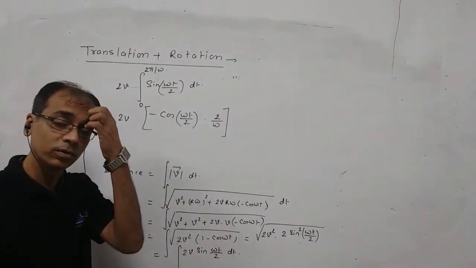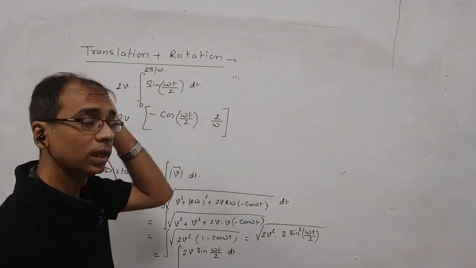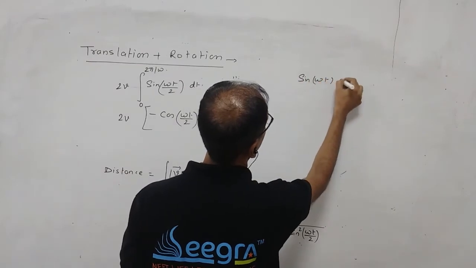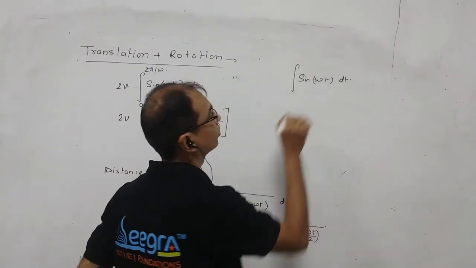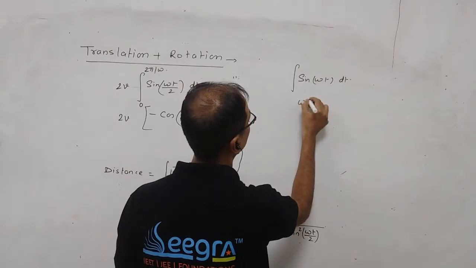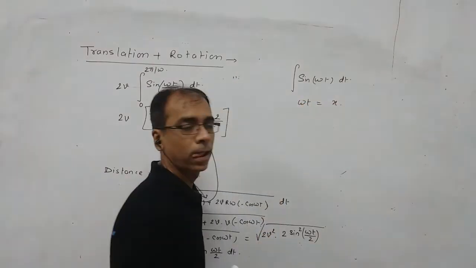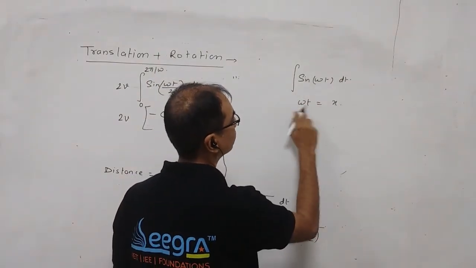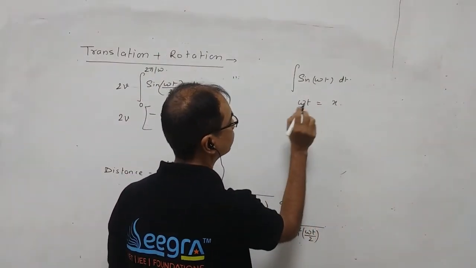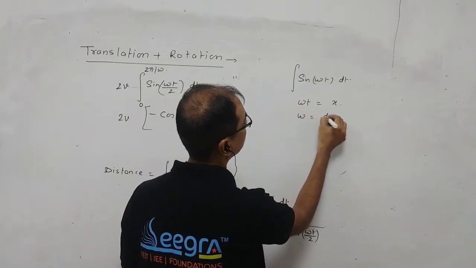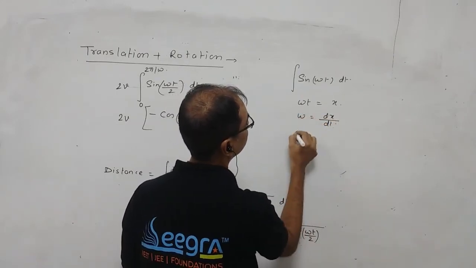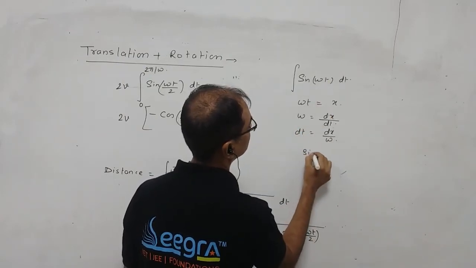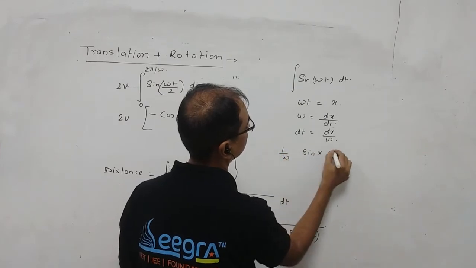How to do this? Even I forgot it. Anything like sin omega t dt, how to integrate that? Take omega t as something, let's say omega t is x. I have converted this into x, but still dt is there. So differentiate with respect to t: omega equal to dx by dt. So dt is dx by omega. Put it here: sin x, omega outside, into dx.